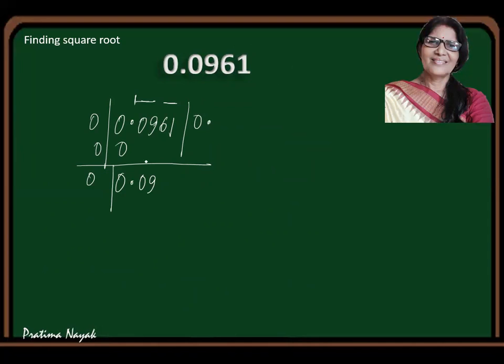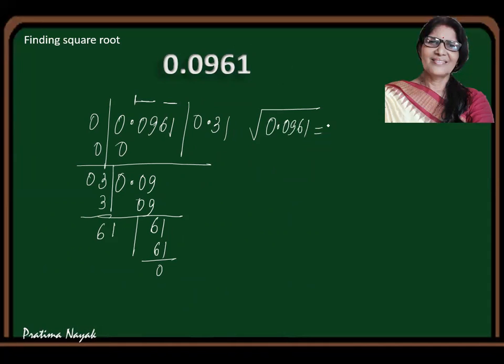I have put the decimal here. 3 times 3 is 9. Next it will be 6, 1. 3 plus 3 is 6. So I am getting 0.31. So the square root of 0.0961 is equal to 0.31.